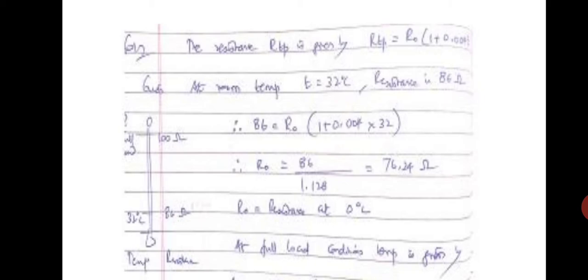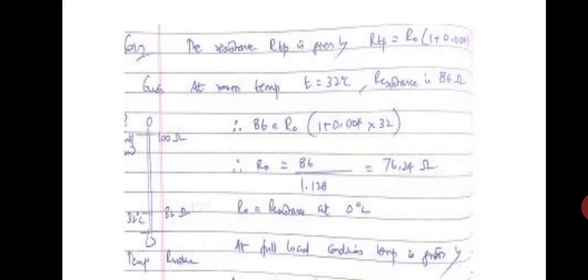So substituting these two values in the above relationship, we get 86 is equal to R naught in bracket 1 plus 0.004 into 32. So simplifying, R naught is 86 divided by 1.128, or R naught is equal to 76.24 ohms. So the resistance at 0 degrees centigrade, R naught, is 76.24 ohms.